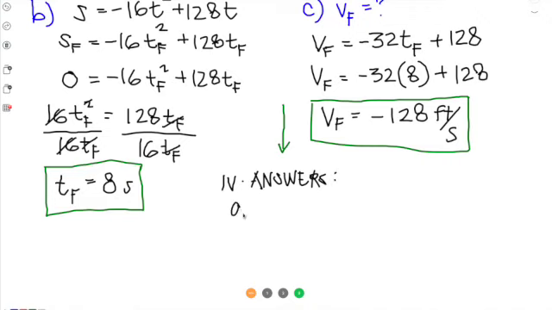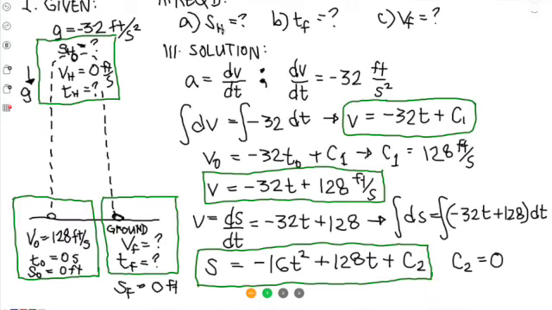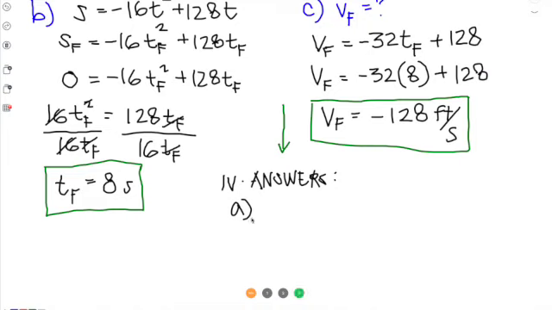Okay, so for A, we are asked what is the highest point that our particle will reach, and we solved that as 256 feet. For B, it is asking how long the trip will take, or at what time the stone will hit the ground given the conditions, and we solved it as 8 seconds.